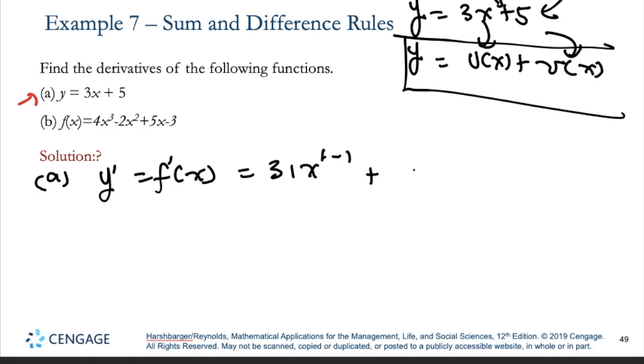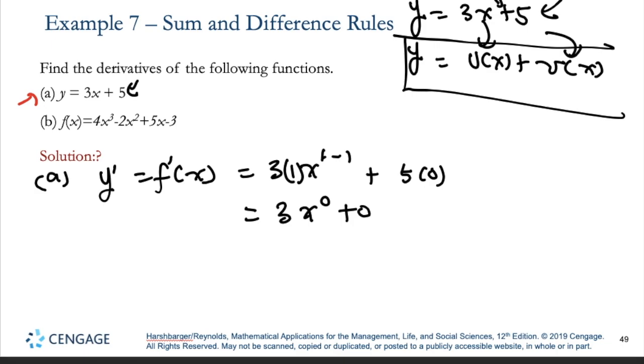Now we are doing v prime x. Because it's just a constant without variable x, you apply the constant derivative rules here. So here 5 with x is 0, so it becomes 0, isn't it? So here you have 3x to the power of 0 plus 0.